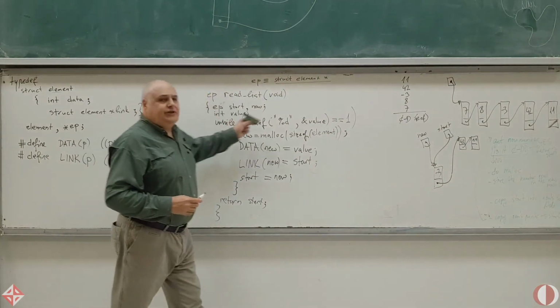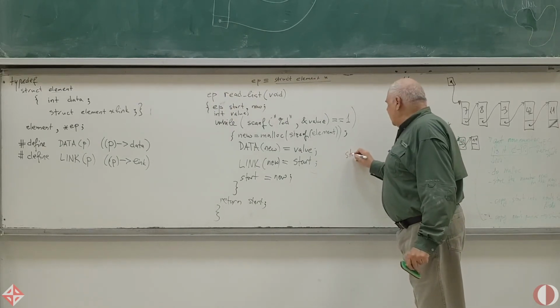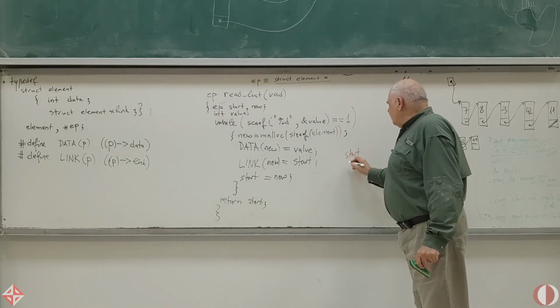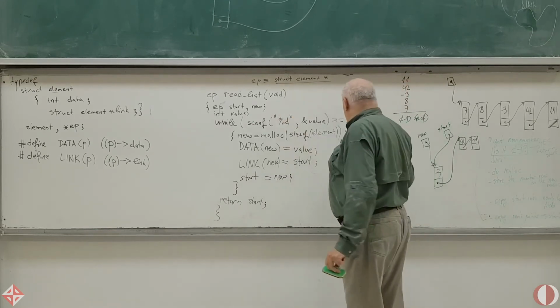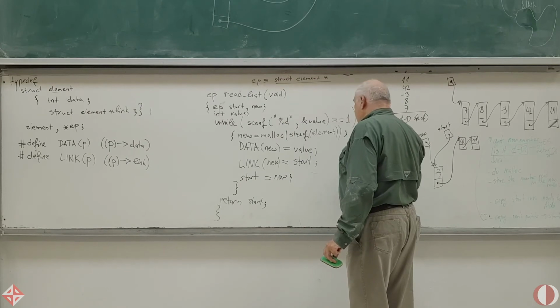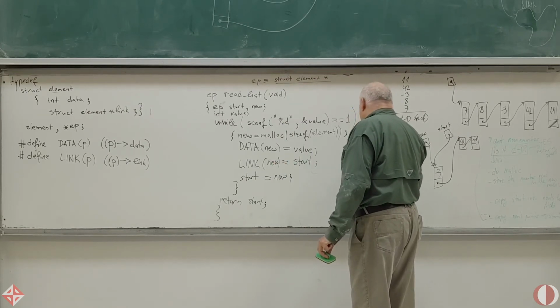Okay, so which local variables do we have? We have the start, we have the new. Sorry. First of all, we will be using the value, so value, then the new, then the start.